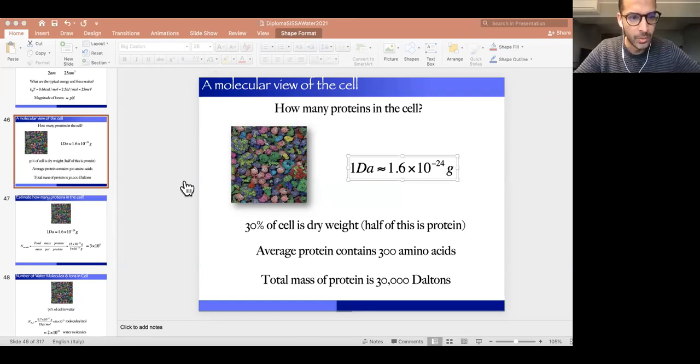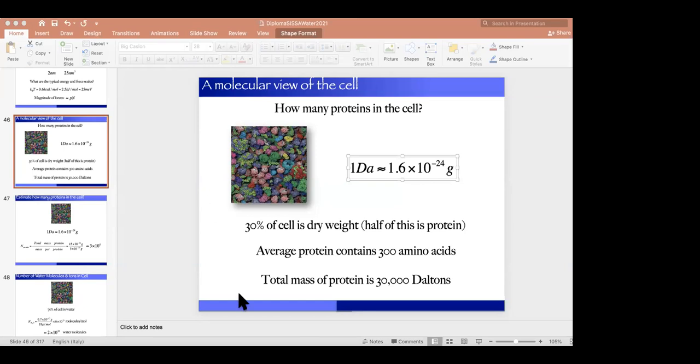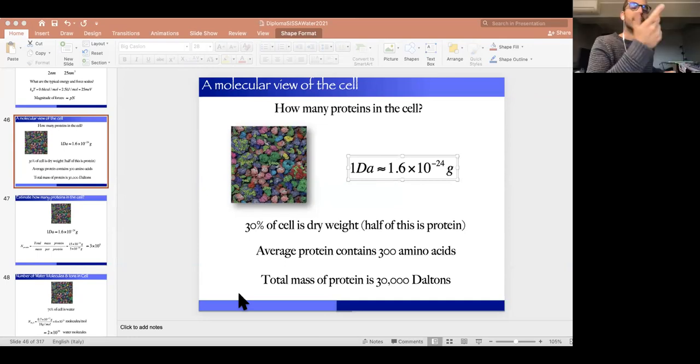Let me look at the whiteboard. Julia, I haven't heard from you. For the mass of the number of water molecules or the previous one? Both.